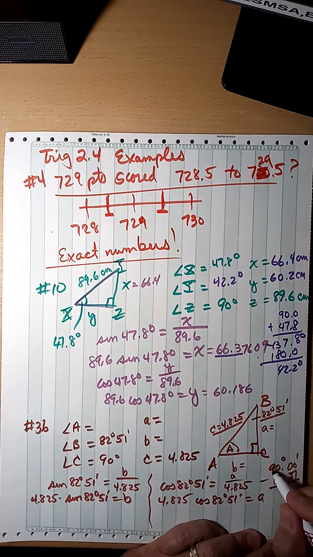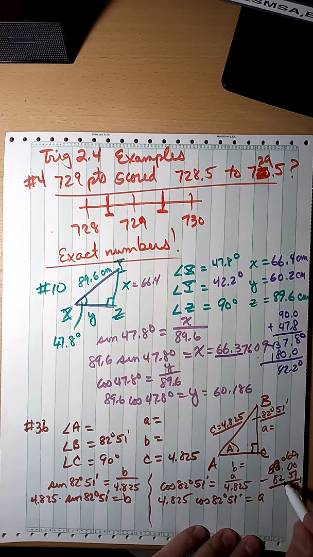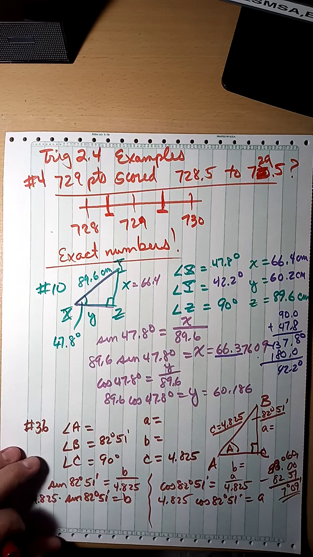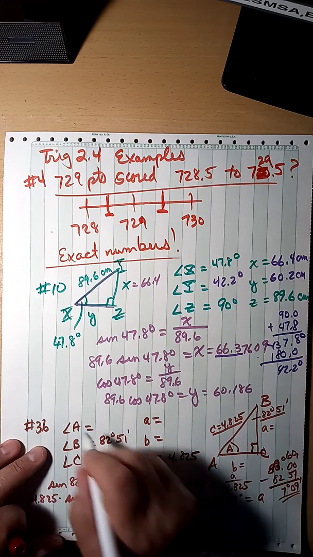This 90 becomes 89, and the 1 degree makes 60 minutes. So 60 minus 51 is 9 minutes. 9 minus 2 is 7, and 8 minus 8 is 0. So 7 degrees and 9 minutes is angle A.